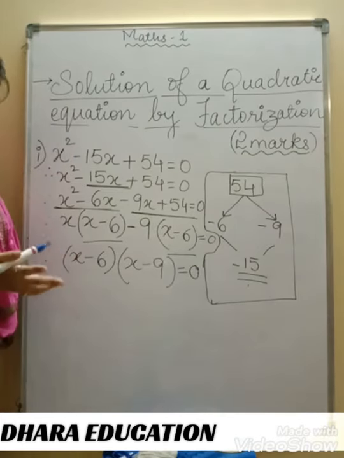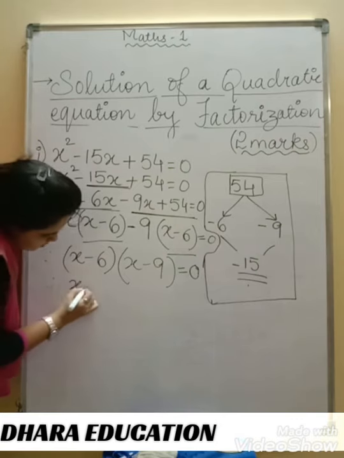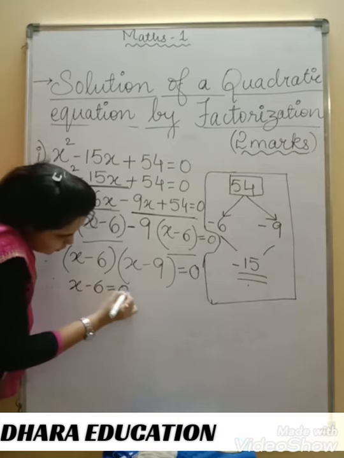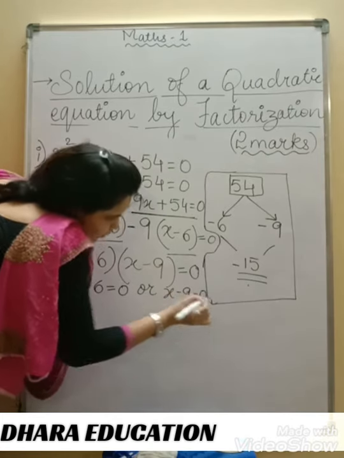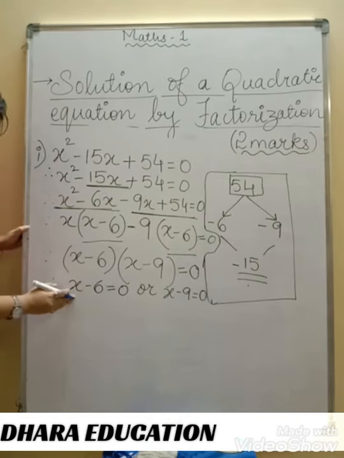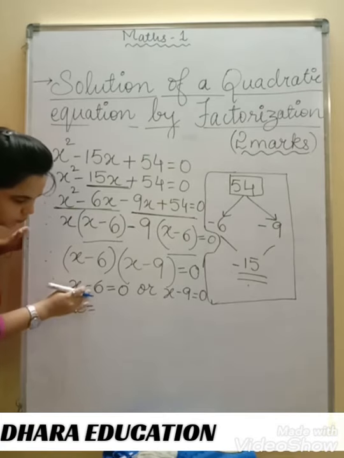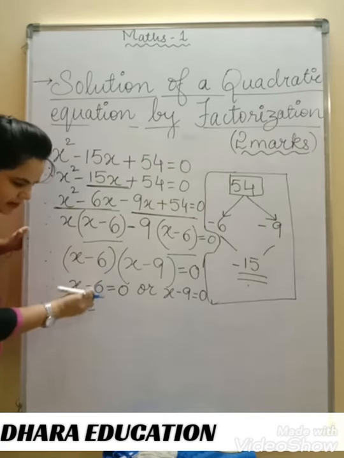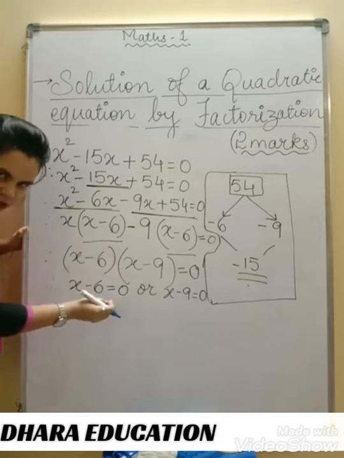Now the next step will be x minus 6 equals to 0 or x minus 9 equals to 0. Okay. So when I am talking about the value of a particular variable, we have to take the next step as x equals to minus 6. If I shift this minus 6 from the left hand side to the right hand side, the sign will change.